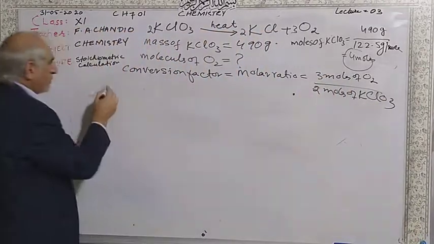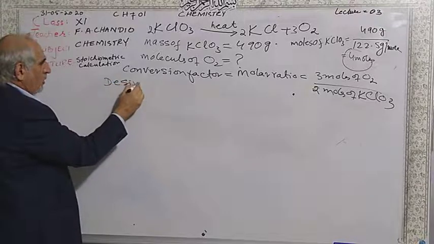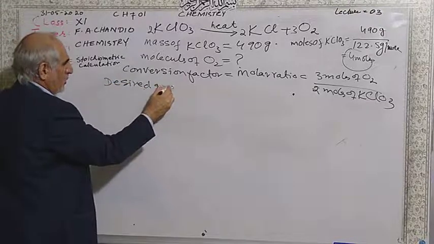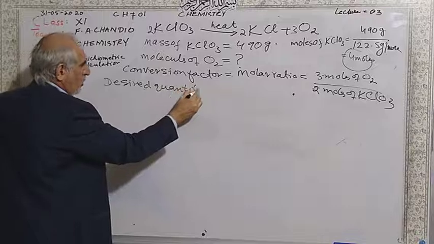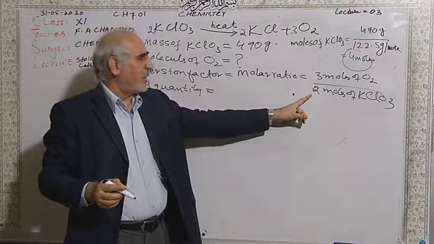So now desired quantity is equal to given quantity multiplied by conversion factor.